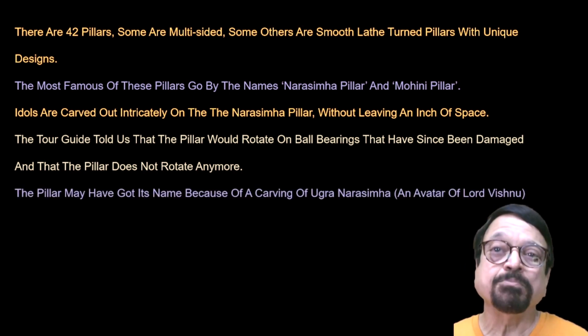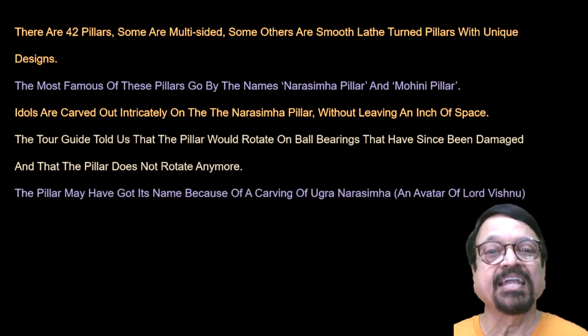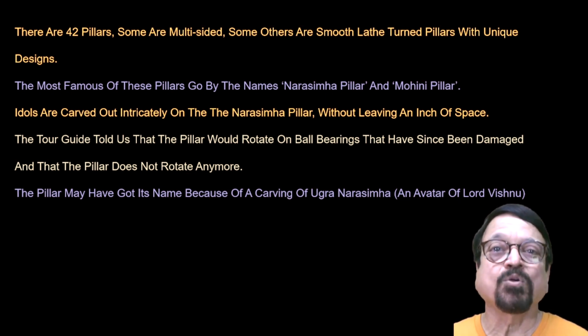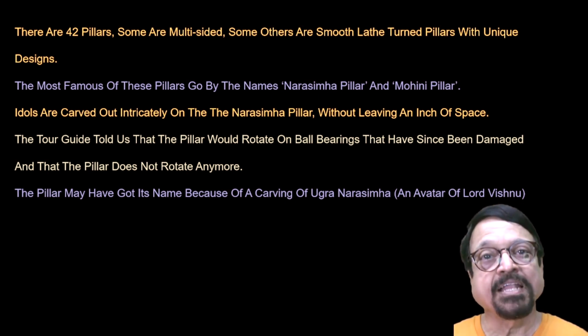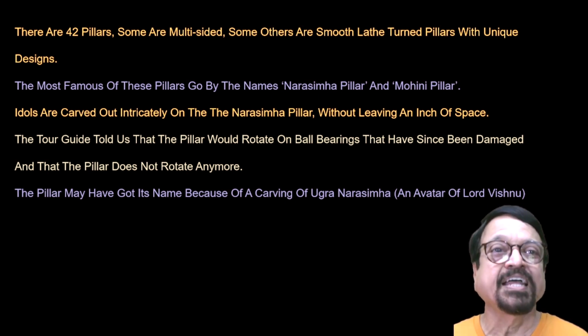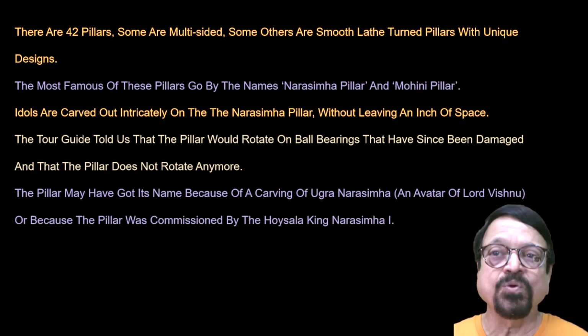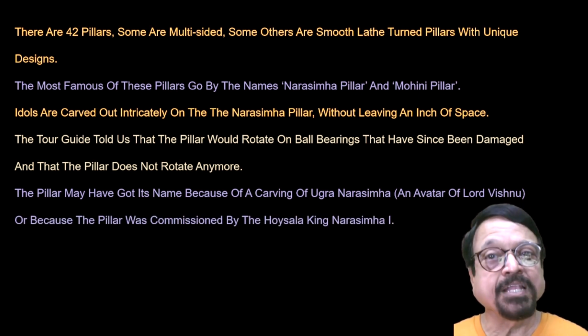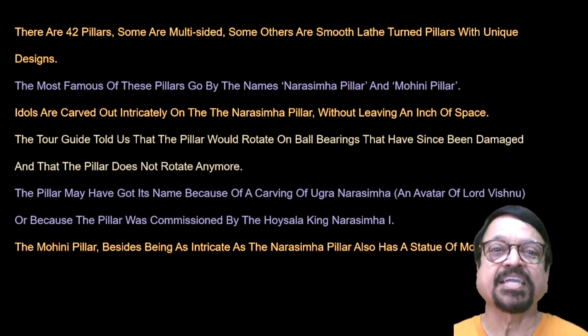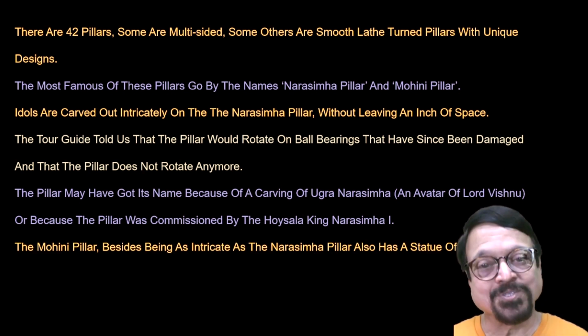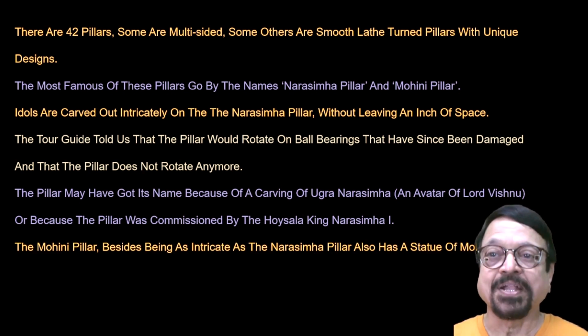But he showed us the beauty of the carvings. The pillar may have got its name because of a carving of the Ugra Narasimha, the avatar of Lord Vishnu, or because the pillar was commissioned by the Hoysala king Narasimha. His name was also Narasimha, so he has carved it.